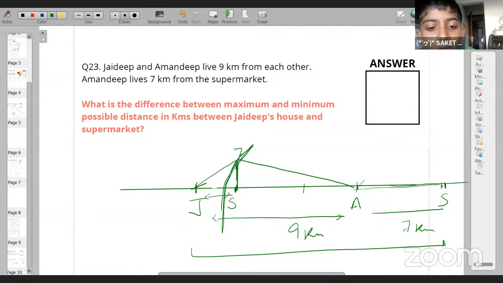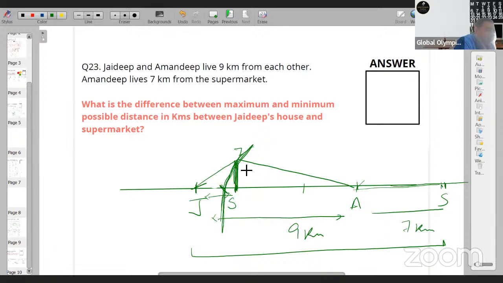Along the circle, all the distances are 7. So when this 7 comes here and you drop a perpendicular, this one is the hypotenuse of a right angle triangle, correct? So this length is bigger.